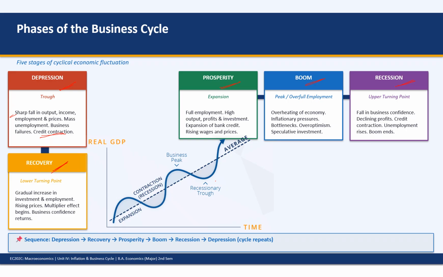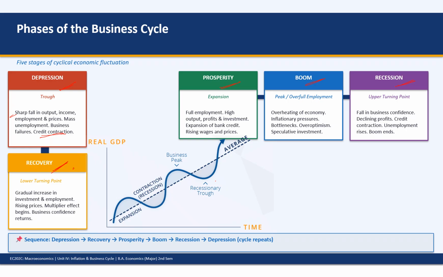The second phase is recovery, which is also known as the lower turning point. Recovery is the phase when the economy begins to move upward from the trough. At this stage, investment slowly increases, employment starts improving, and business confidence begins to return as firms start producing a little, income rises, and people begin to spend more.